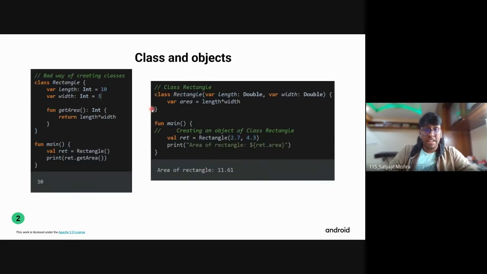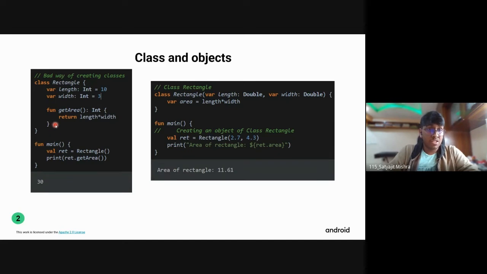Going to the next, the last of the Kotlin basics, we have classes and objects. What we used to have is class Rectangle. We create a class by using the class keyword, and I've named it Rectangle. Inside it I have two initial variables, length and width of type Int, having the values of 10 and 3.